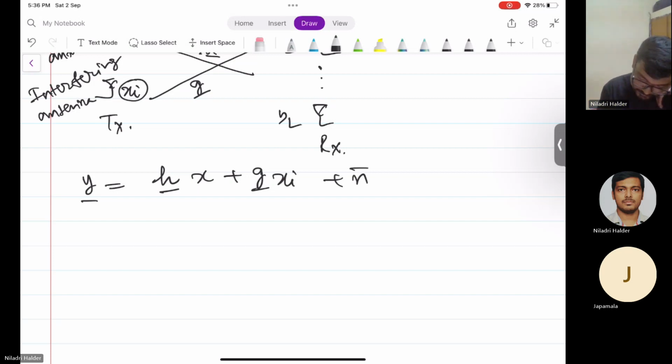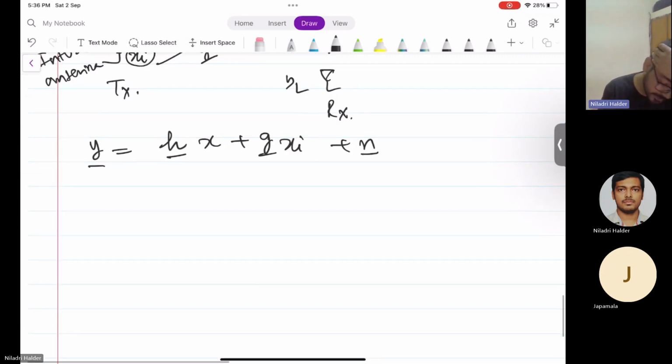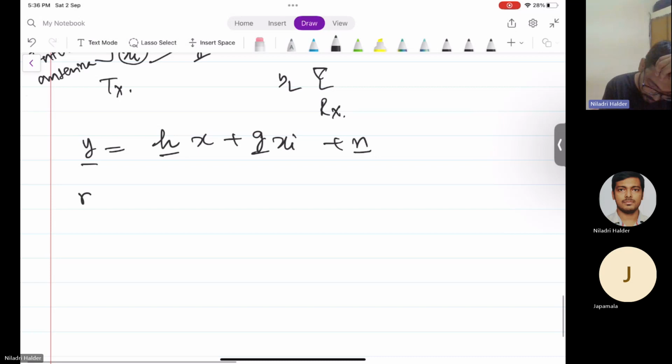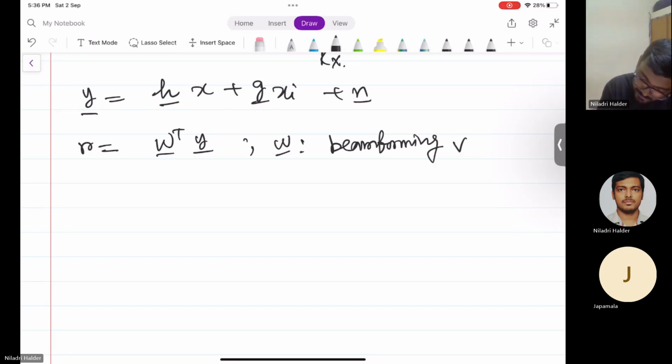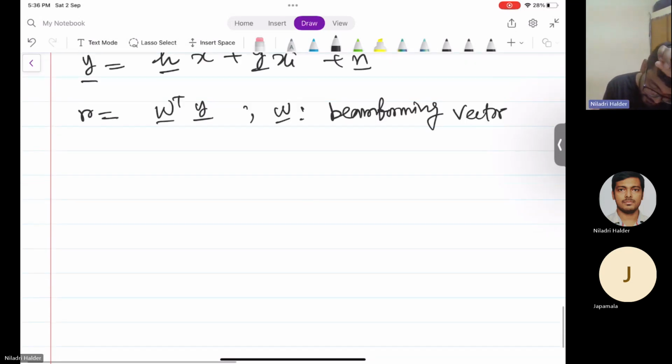This is the received signal. Now R is equal to W transpose y, where W is the beamforming vector or beamformer.